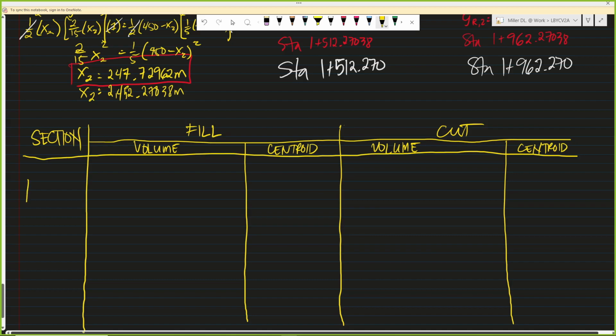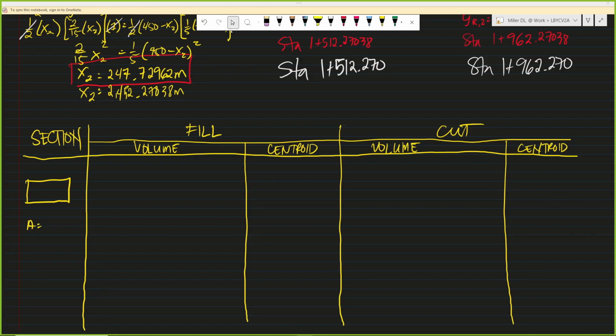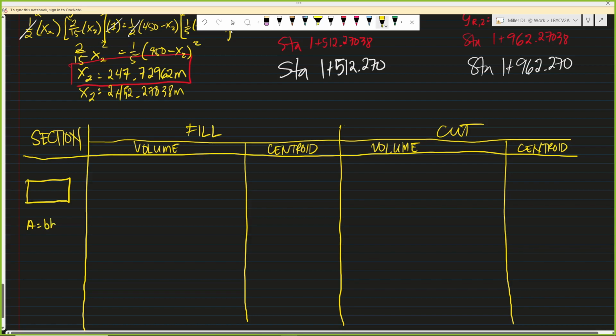Now, we will start first with a rectangle. What is the area of a rectangle? Area ng rectangle, what would be our area ng rectangle natin? Length times width, or for this case, base times the altitude.